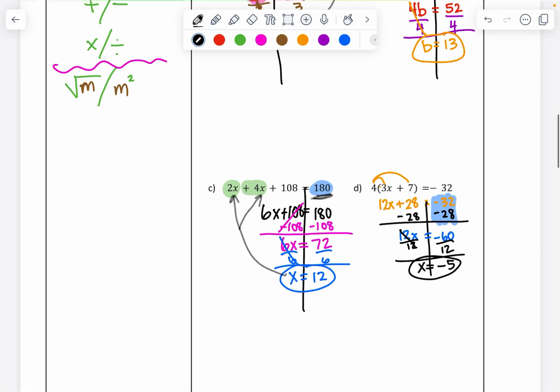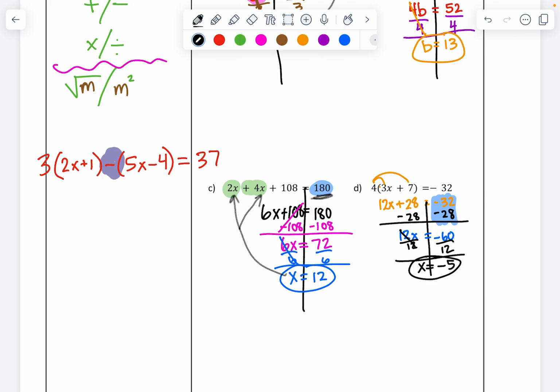That should be about it. There's one thing, I think it comes up in this assignment, so I just want to give you a heads up about it. If you see something like, let's say it's 3 times 2x plus 1, and then minus 5x minus 4 equals 37. We're not going to solve this all, but a lot of students will see this part, and they don't really know what to do.